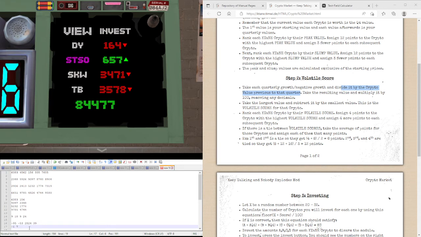Minus 3471 over 39397 times 100 is negative 36. And then negative 3578 over 5926 times 100 is negative 60.